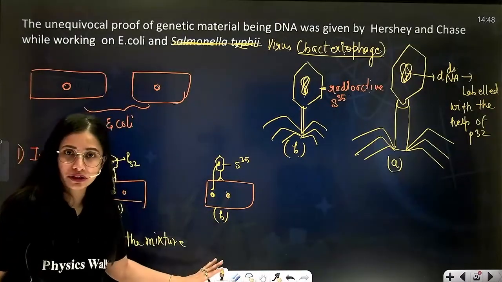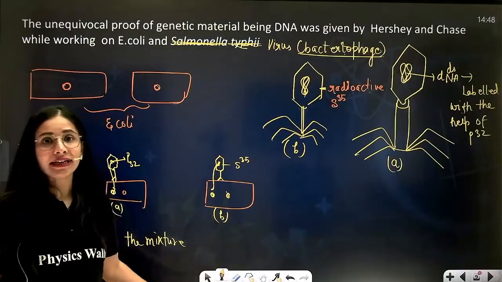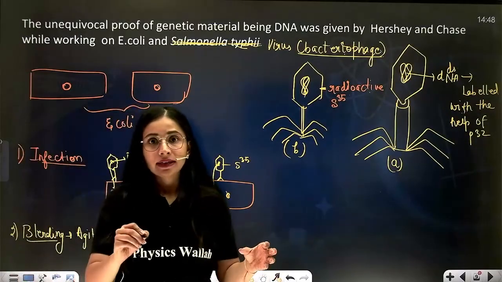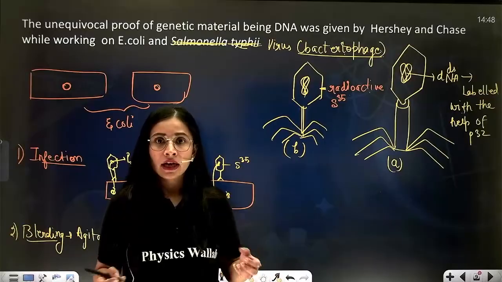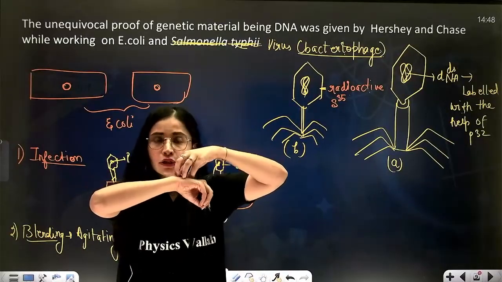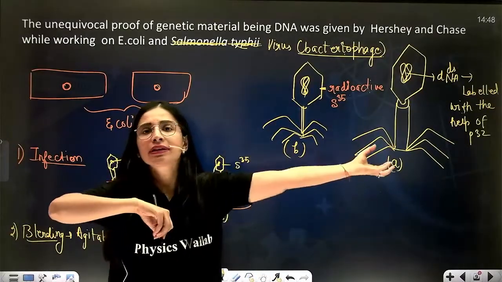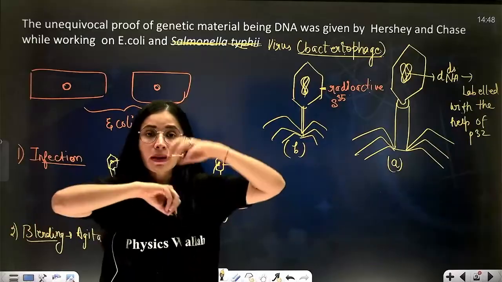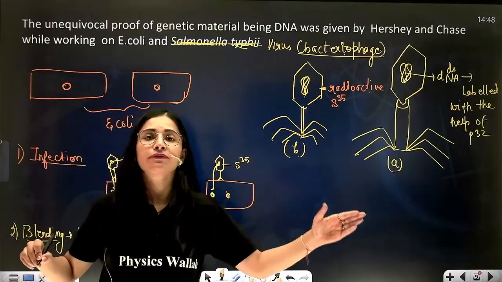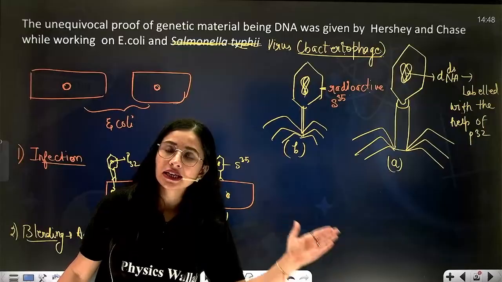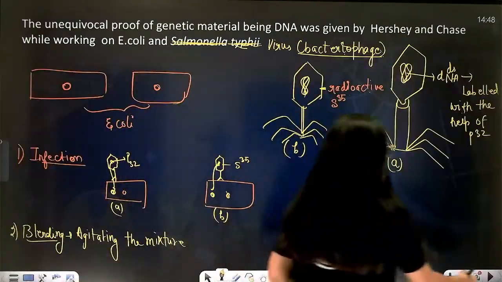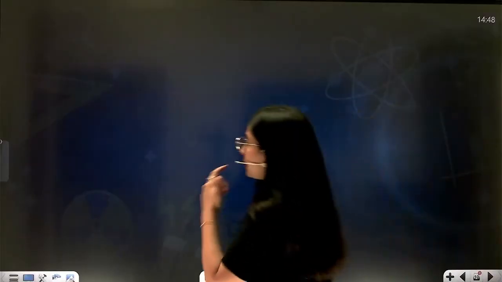This is infection. Now second is agitating the mixture, so that after the DNA has entered inside, whatever body is attached on the bacteria gets separated out. To separate the remaining portion of the virus from the bacteria, we have to perform blending. So now what happens during blending?